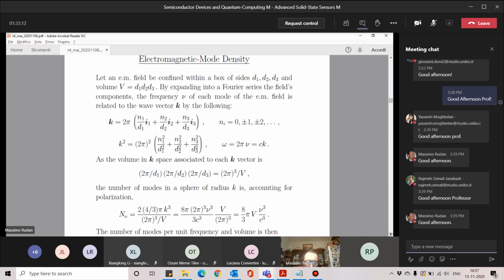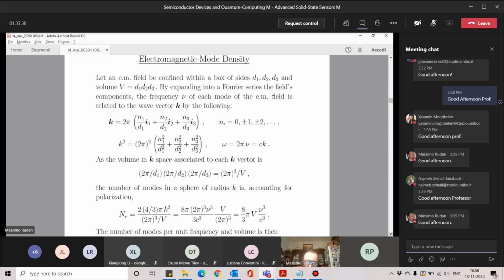The square modulus of it, of course, is 2 pi squared times n1 squared over d1 squared, and so on. Then we take the positive square root of k squared, and this will be k.